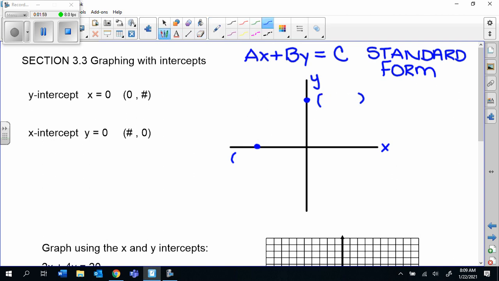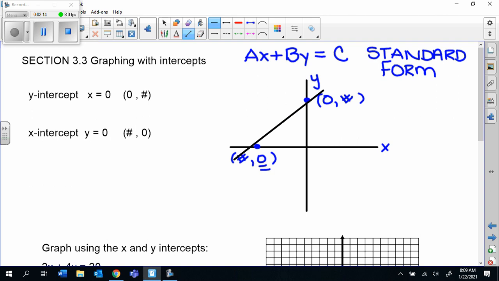Let's try this, 0, comma some number. And here we have the number going first, and then the important point is that this piece right here is 0. And if we can figure out what those points are, then we can connect the dots and we're done. So that's the idea behind using the intercepts to graph.